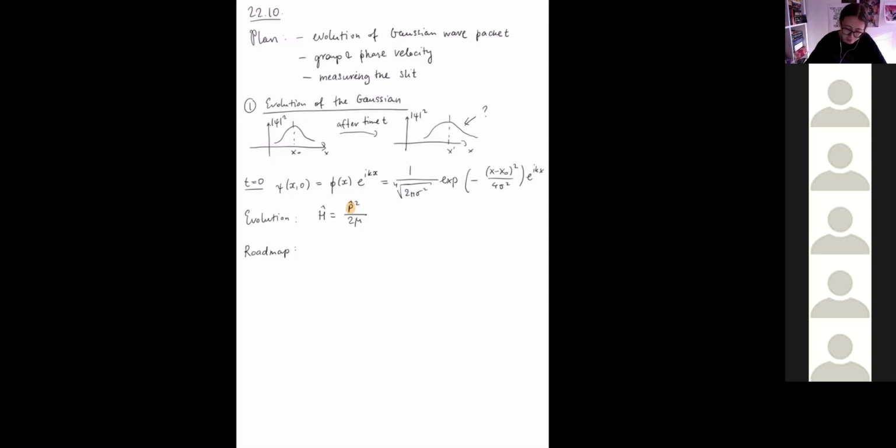So since H is a function of the operator p, it is easier to see how it is applied to psi in terms of the momentum representation.